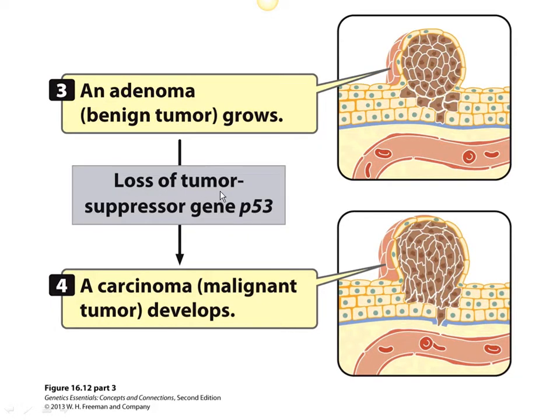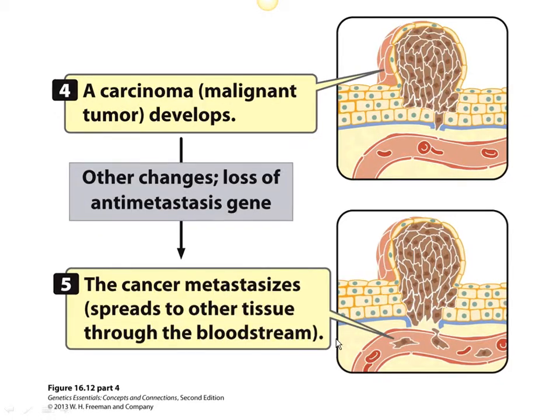And then in one cell of the adenoma, you have the homozygous loss, homozygous mutation of the p53 gene, and it causes, I know they show the whole tumor, but part of the tumor to become malignant, which you see exiting the original site.